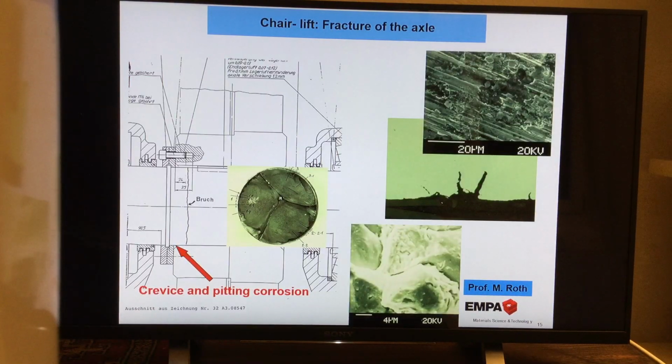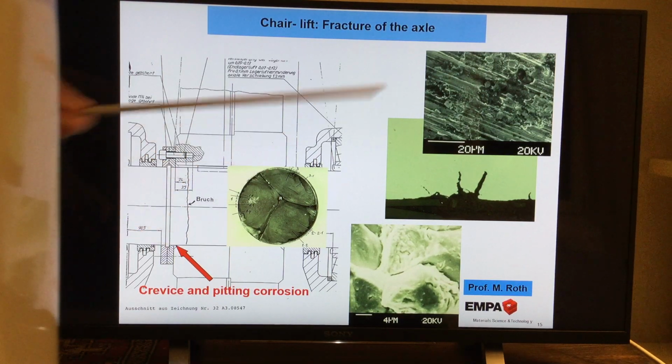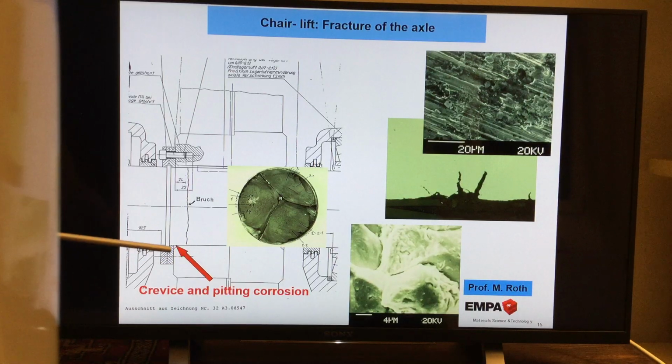Now back to this design, which was changed. We see here, that was here the area of the fracture, and here we investigated and found all these features of corrosion pitting. Now, what's happening? During service, that's important, when the machine is running, and this is a reason why the crack started not here, because here it's tight where there is the screws.